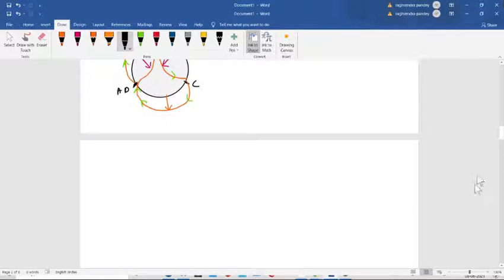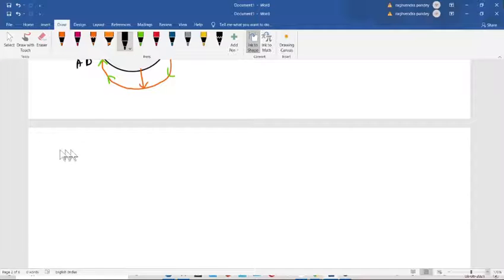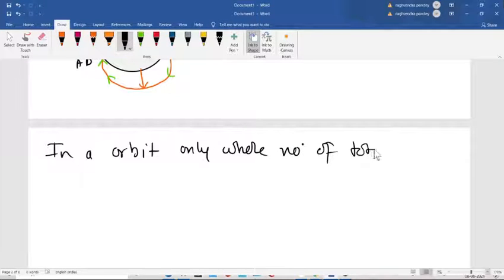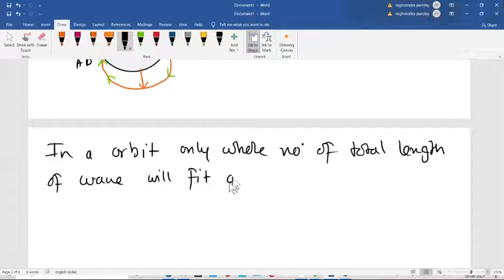So on a circle or an orbit, only a whole number of total wavelengths will fit, or it will give constructive interference.